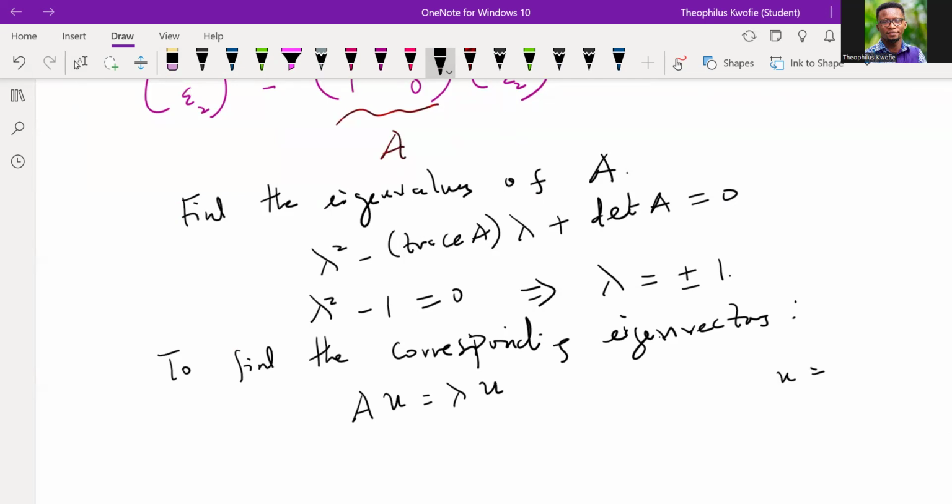Suppose that U is some vector, let's say U1 and then U2. Is that okay?